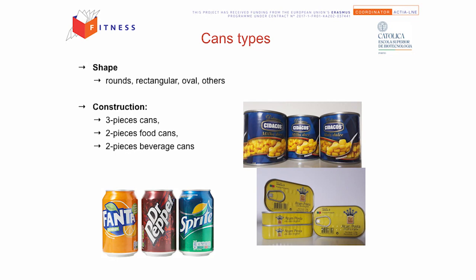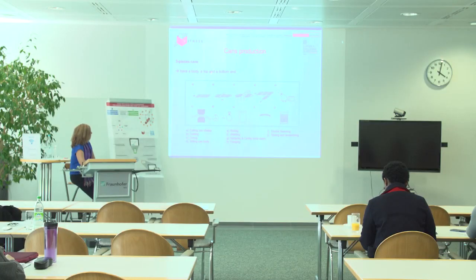So we covered this already, and here is how the 3 piece cans are produced. So we have a body, a top, and a bottom end. So we cut the metal in sheets. We coat the sheets.